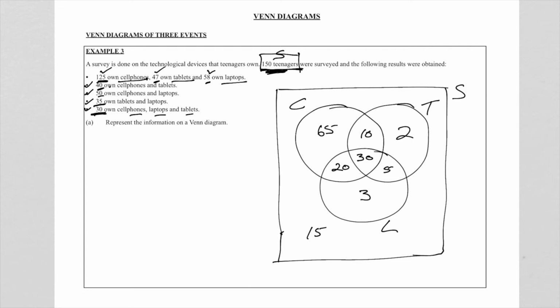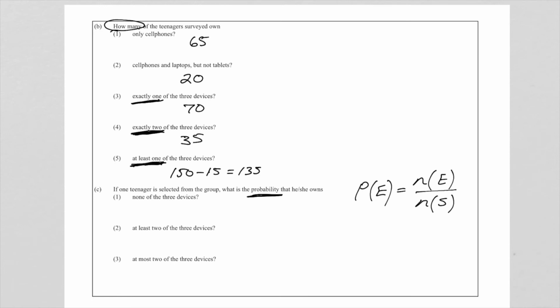So let us now just look at this first question. What do they want us to find? We want the probability when none of these teenagers own any device. So none of the 3 devices.